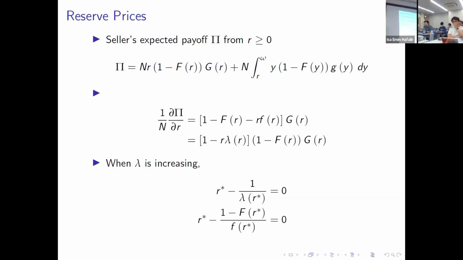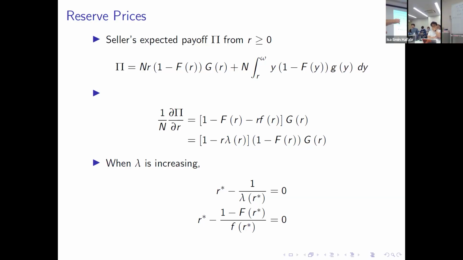And then once you have this, lambda is equal to 1 divided by 1 minus F, which is called the hazard rate. So once you define a hazard rate here, you can write this one as in the second line. And for an optimal interior solution, this has to have a 0 derivative.